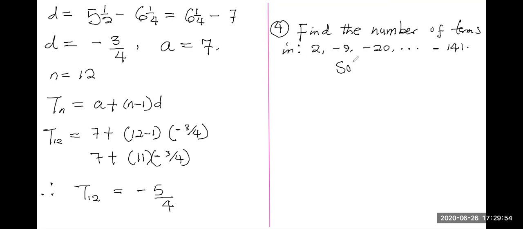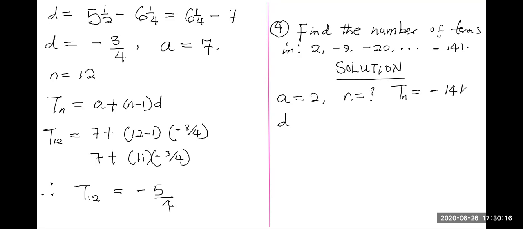So, as usual, we identify our first term and other necessary parameters. Our first term A is equal to 2. Our n, we don't know it. Our last term Tn is equal to minus 141. And our D is equal to what?